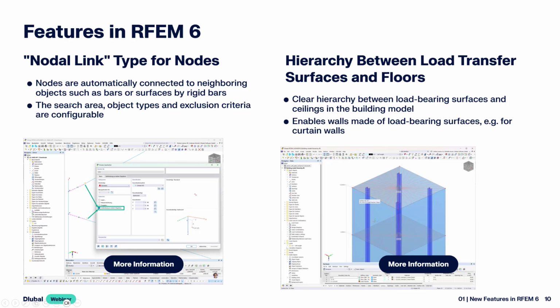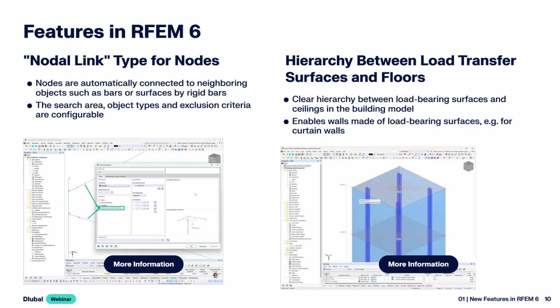Next feature, nodal link type for nodes. Yeah, nodes are automatically connected to neighboring objects. I would like to show that also in the program. Yeah, you should or you can use that when you import models from a CAD program, for example.